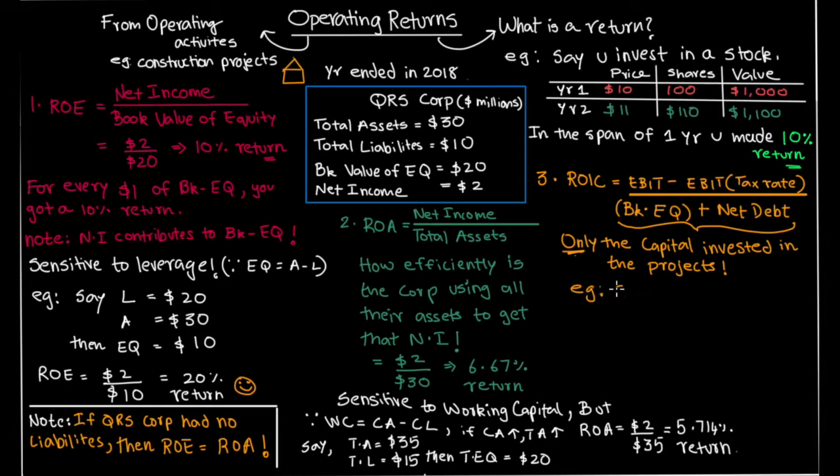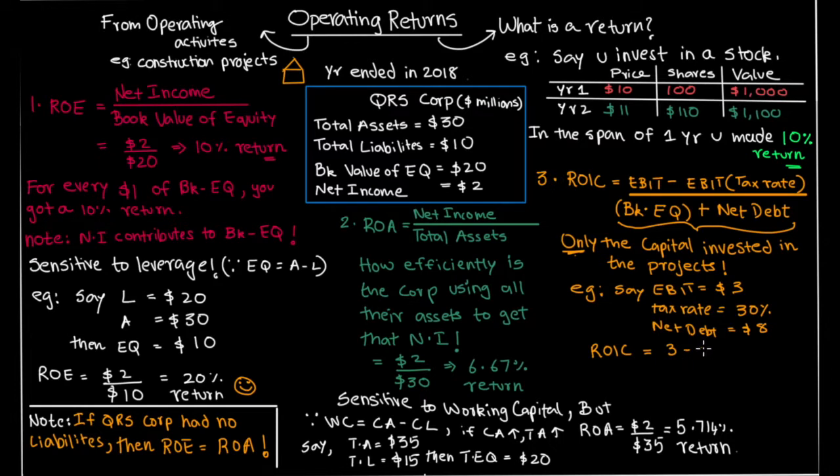So let us give an example right now and say that the EBIT is equal to $3 million, earnings before interest and taxes, and the tax rate right now is about 30%. Not bad. And we have about net debt, which is equal to about, let's say, $8 million. So let us calculate the return on invested capital right now.